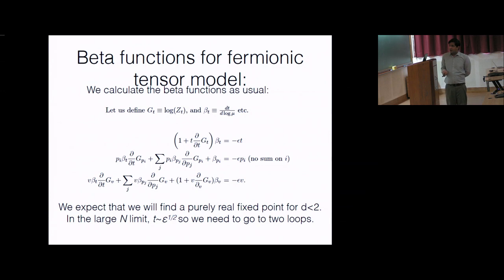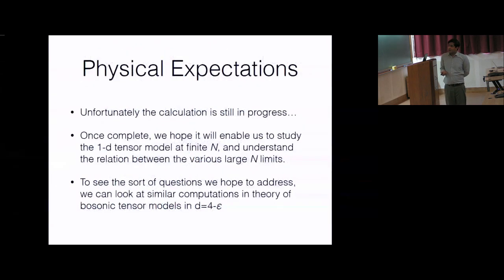Okay? So although the work is in progress, the beta function for the Bosonic tensor model in 4 minus epsilon dimensions is already done. So I'll just tell you what the results are there and how we expect differences in the 2 minus epsilon Fermionic tensor model.